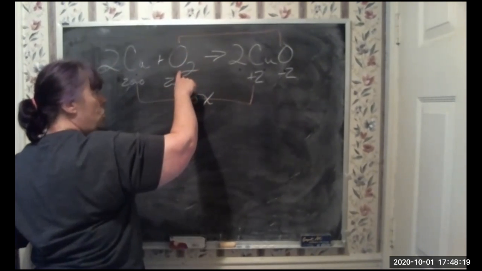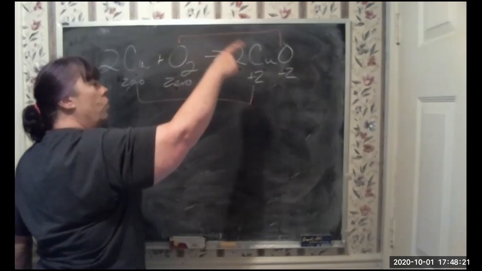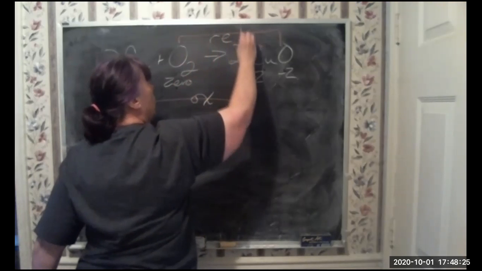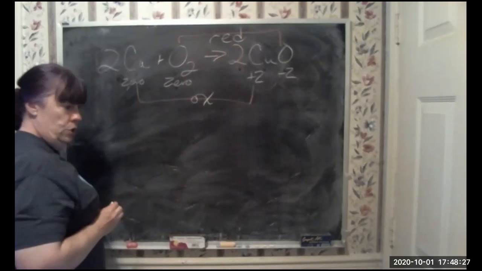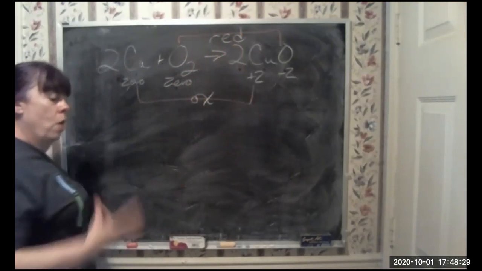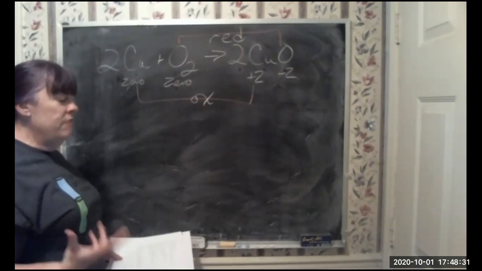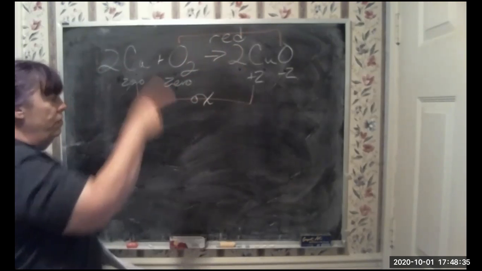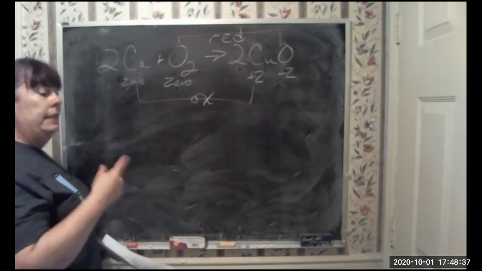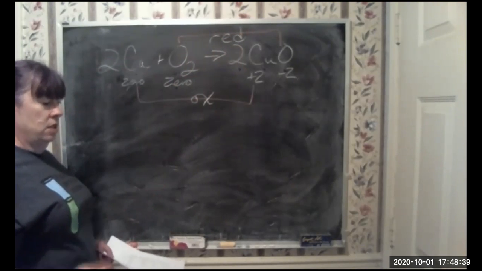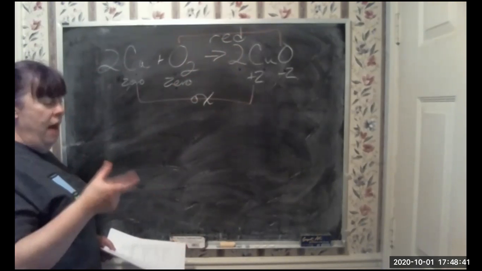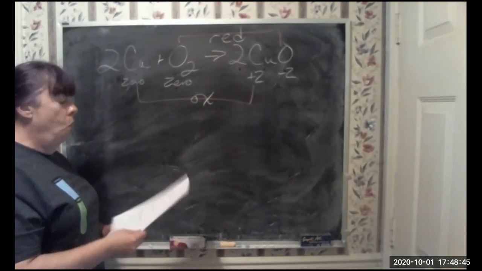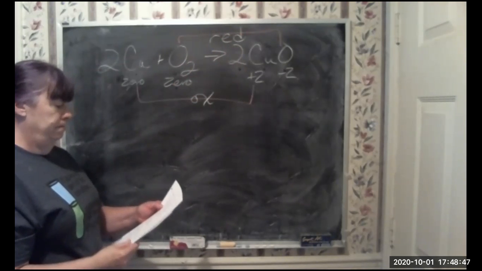My oxygen started out at 0, but it went down to -2, so it got reduced. You always have to have a pair, okay? The electrons have to go somewhere, so if you start out with one thing being oxidized, at least one thing has to get reduced. You could have more than one, but typically you have a minimum of one of each thing.